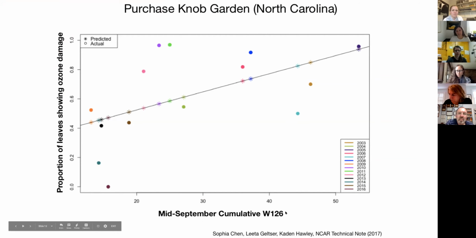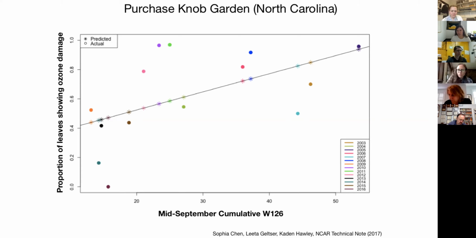And then this particular metric, W126, uses a sigmoidal weighting function. I know that sounds fancy, but basically it just says the higher the ozone concentration is in the middle of the day, the more impact it might have on these plants. That's because plants have pores on their leaves, which are called stomata. They have the stomata open in the middle of the day so that they can gain carbon.